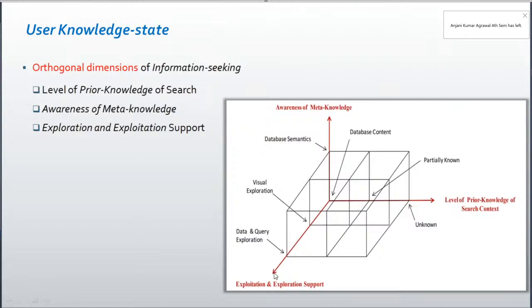Exploitation is a kind of behavior where we are able to apply some kind of focused search. It is like opening a book and going into a particular paragraph. Suppose you have a book of machine learning.